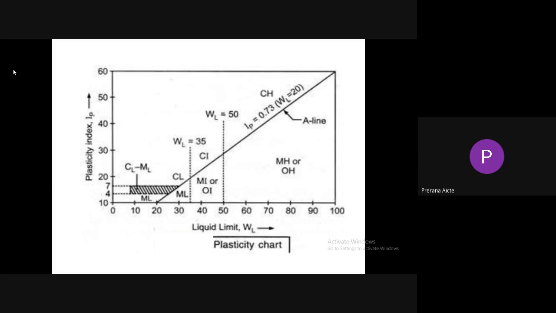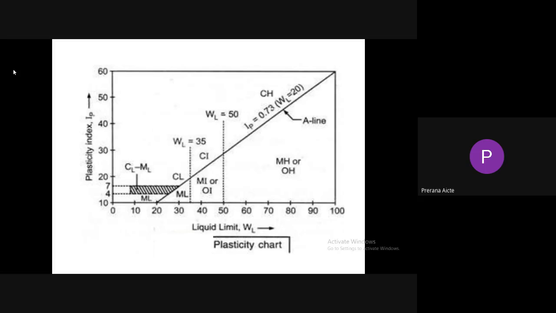The plasticity chart was developed by Arthur Casagrande. He drew this chart between liquid limit and plasticity index. He drew a line starting from liquid limit 20. The equation of the A line is 0.73 into liquid limit minus 20.